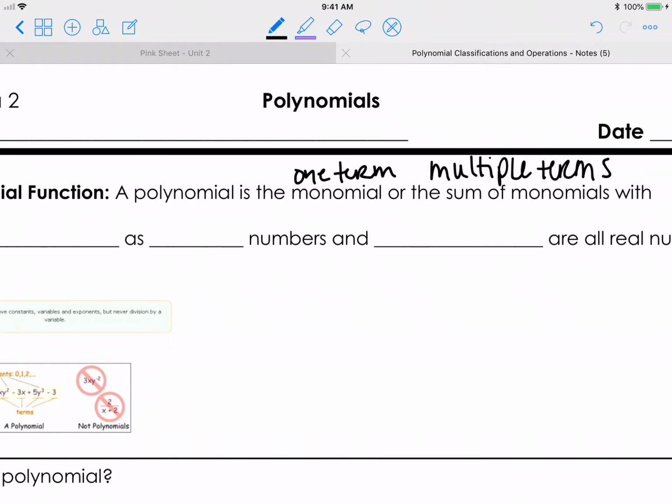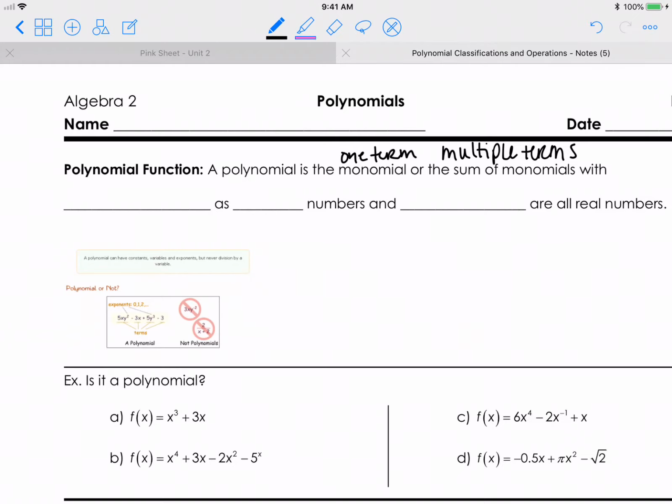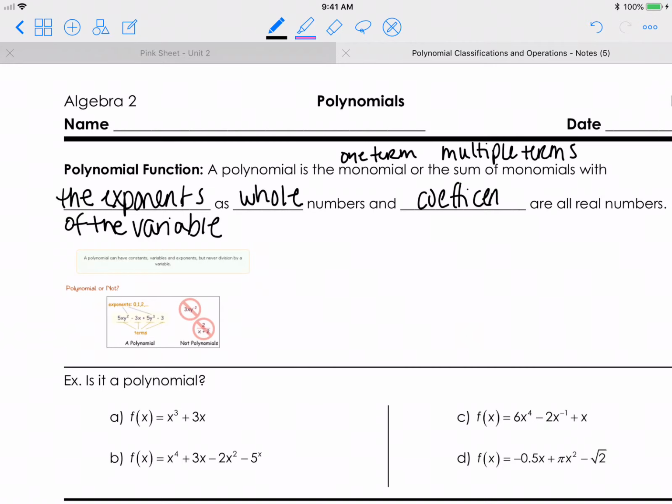Okay, so this says a polynomial is one term or multiple terms with the exponents of the variable as whole numbers and coefficients are all real numbers. Okay, so what in the world does that mean?